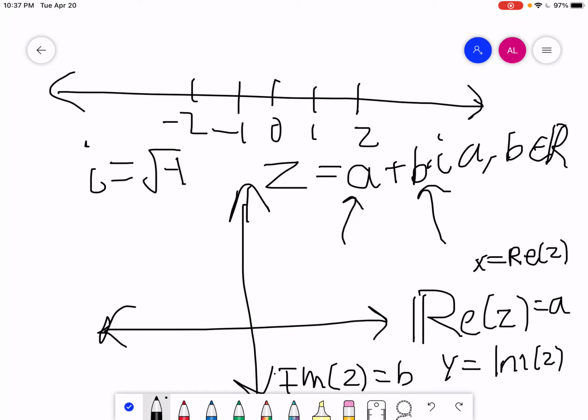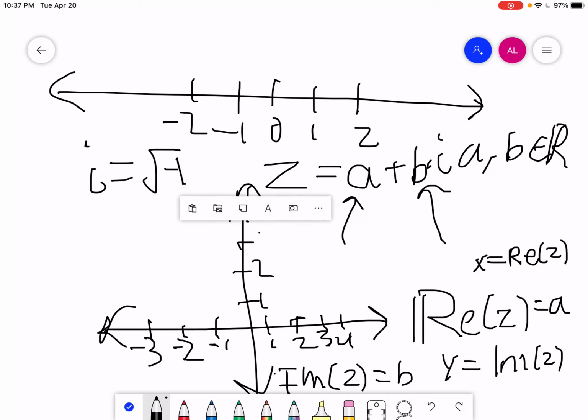Alright, so let's plot a couple of points. Okay, so let's plot the number z is equal to -3 plus i.